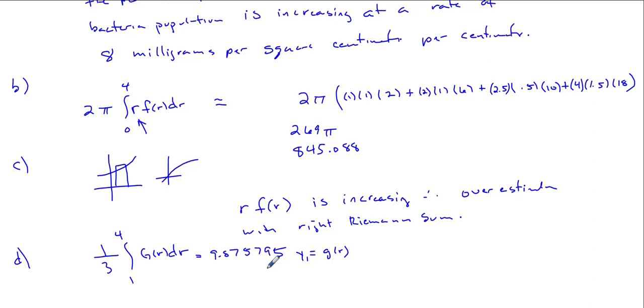My y1 is already g. My y2 is now that value a, 9.875795. If you forget how to store numbers, just carry a whole bunch of decimals with you, and you will get the right answer. How many is enough? The number that is showing on your screen. Find where those two lines intersect, and that is where the average value, 9.875, equals the curve.